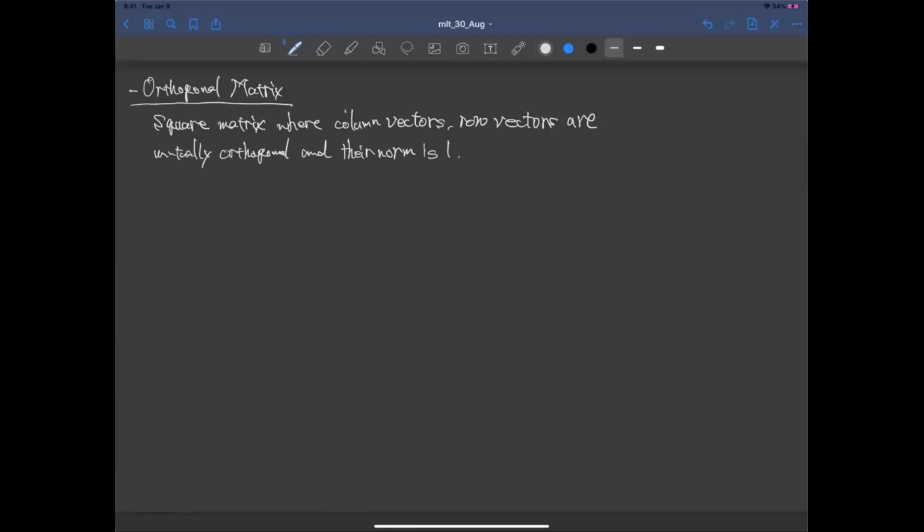Unit vectors. So this is our orthogonal matrix. Because of this, the orthogonal matrix has unique properties. Therefore, I'd like to introduce them.